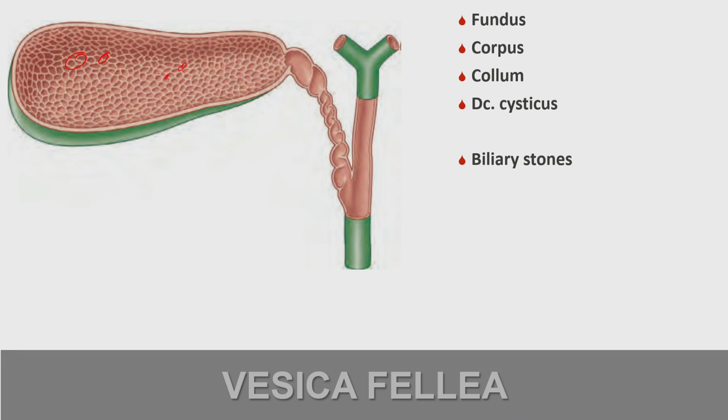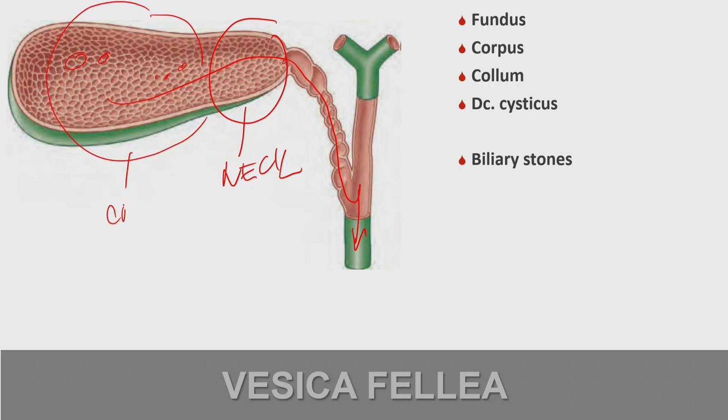The mucosa has this reticular formation, and then from the sac, the bile could be ejected backwards to the hepatic, to the choledochus. So it has a neck, trunk or corpus, and a fundus.